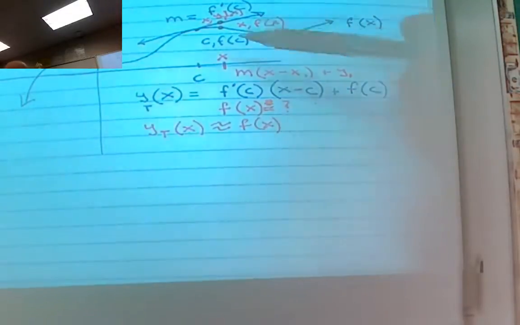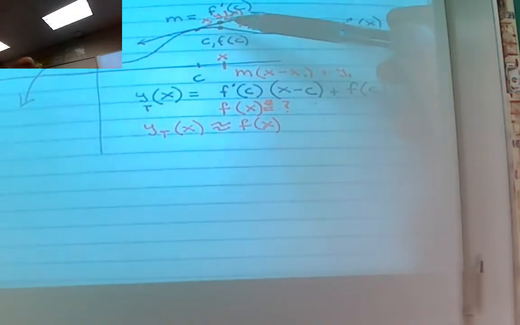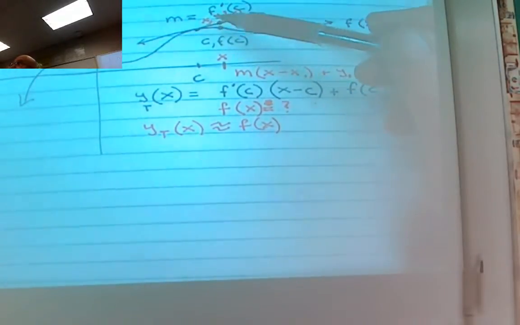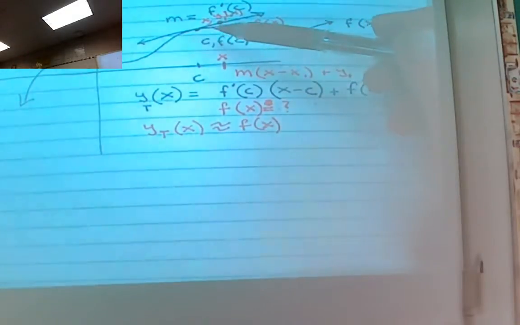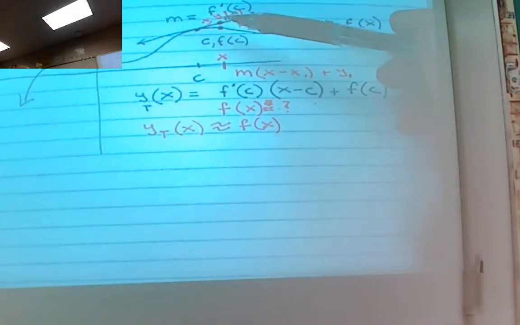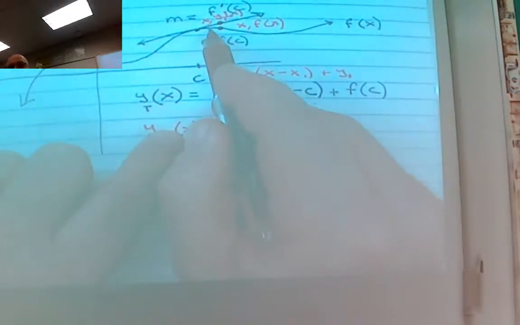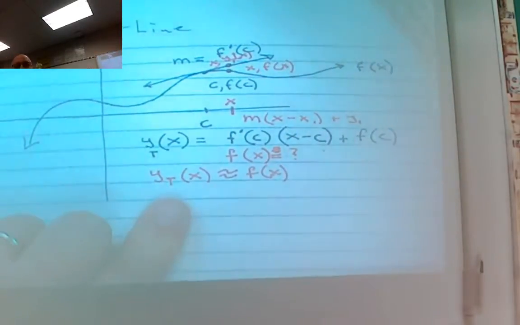Why can I do that? Because they're pretty close together, correct? And the closer that x is to c, the closer that the tangent line is to the function. Can you see that? Like if I move it to here, I'll blow it up a little bit.